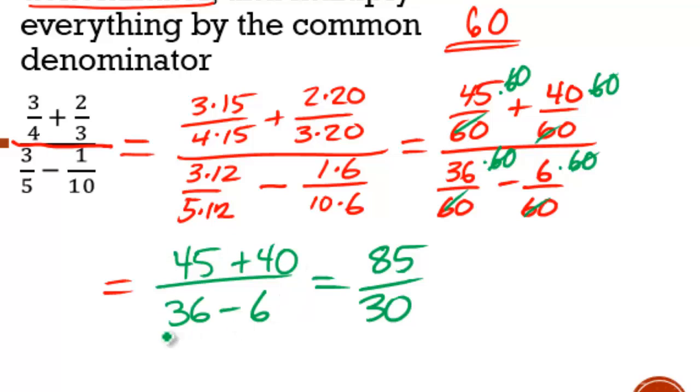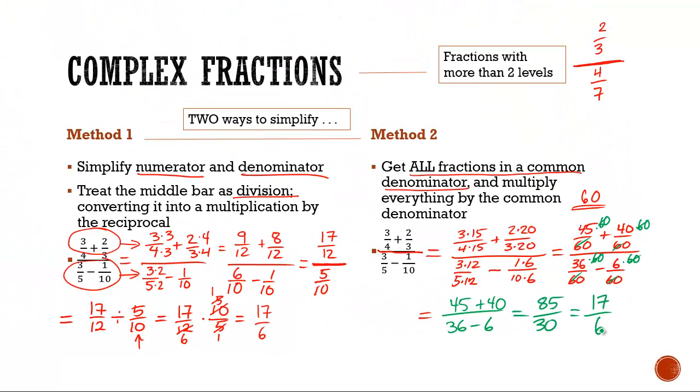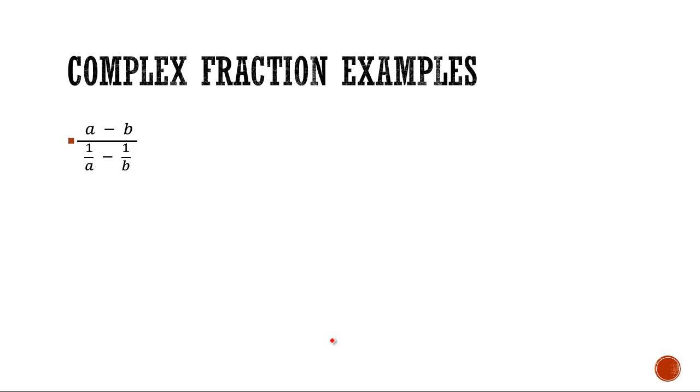Notice we couldn't simplify anything here when we had our pluses and minuses, but we can simplify here because everything is combined in numerator and denominator. So let's see what we can divide here by. We can divide by 5, leaving us with 17/6.